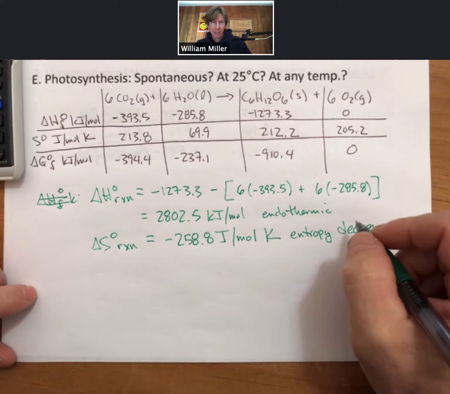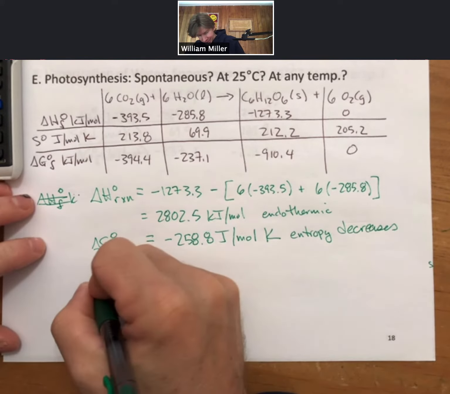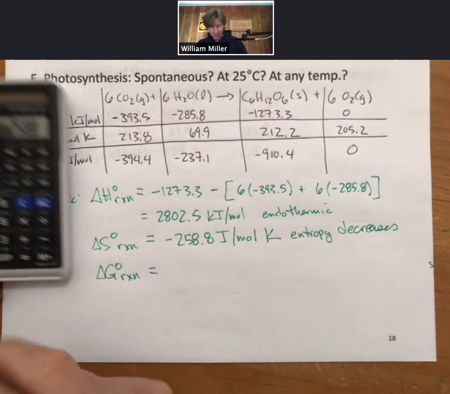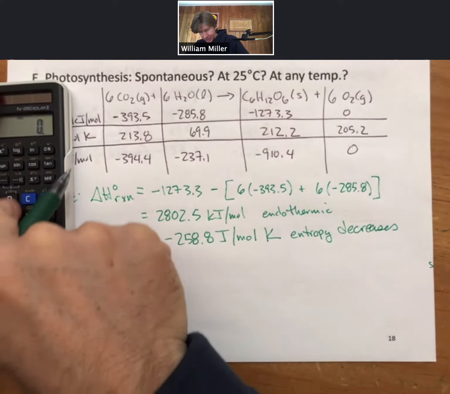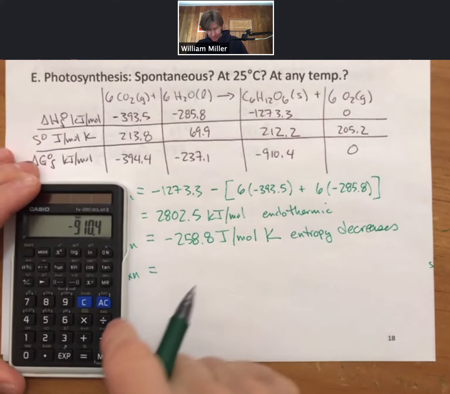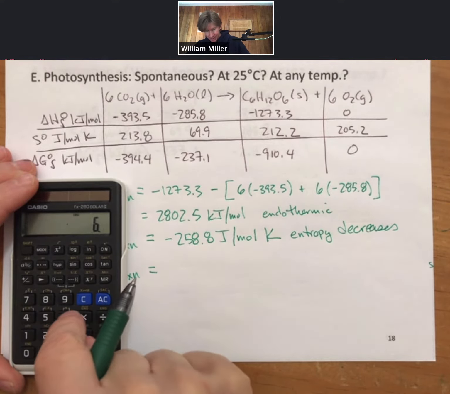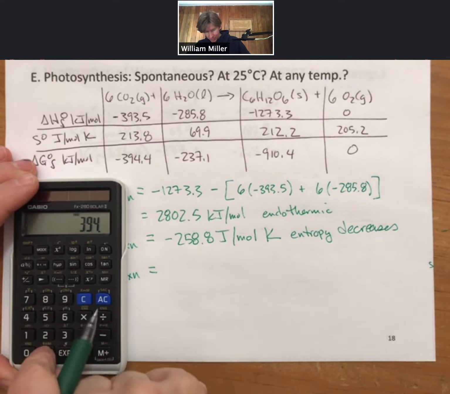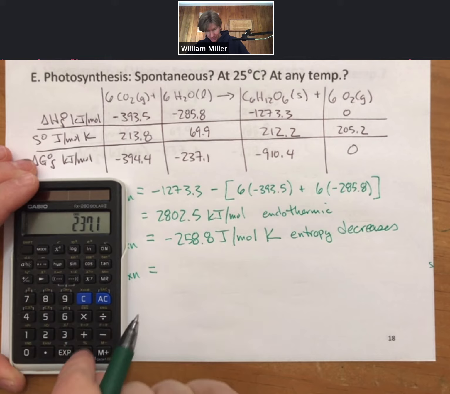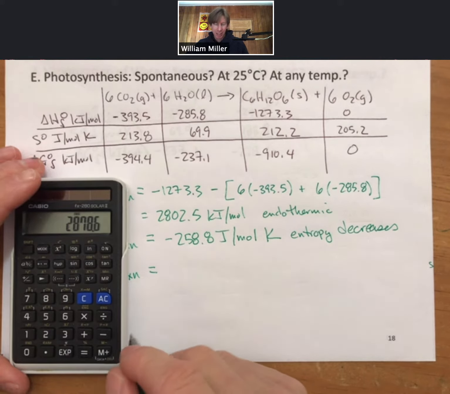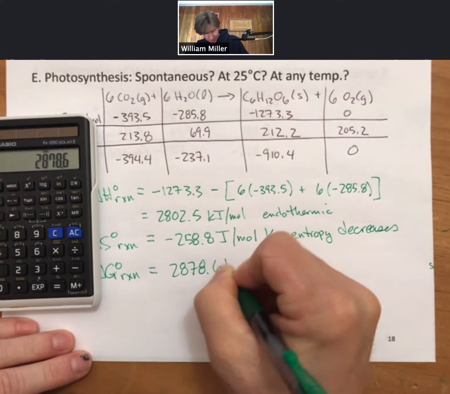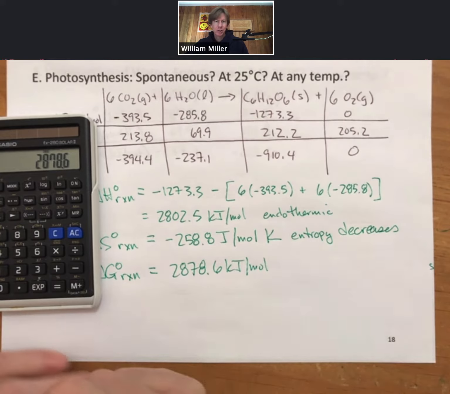Therefore, delta G, so, well, let's calculate delta G. But I bet it's going to be positive. 910.4 plus 6 times 394.4 plus 6 times 237.1 minus 2878, or sorry, positive 2878.6 kilojoules per mole.